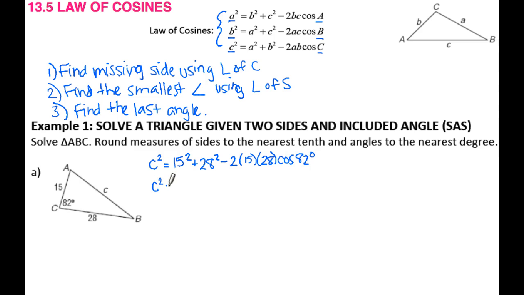I'm going to take this entire thing and plug it into my calculator. That gives me 892.09. I can go ahead and take the square root, and I'm going to round the sides to the nearest tenth. So that's going to be 29.9.